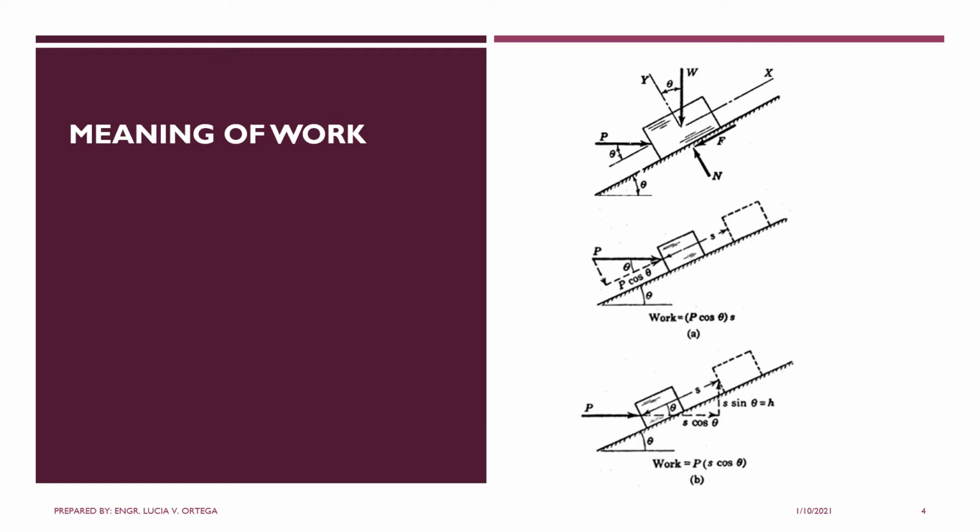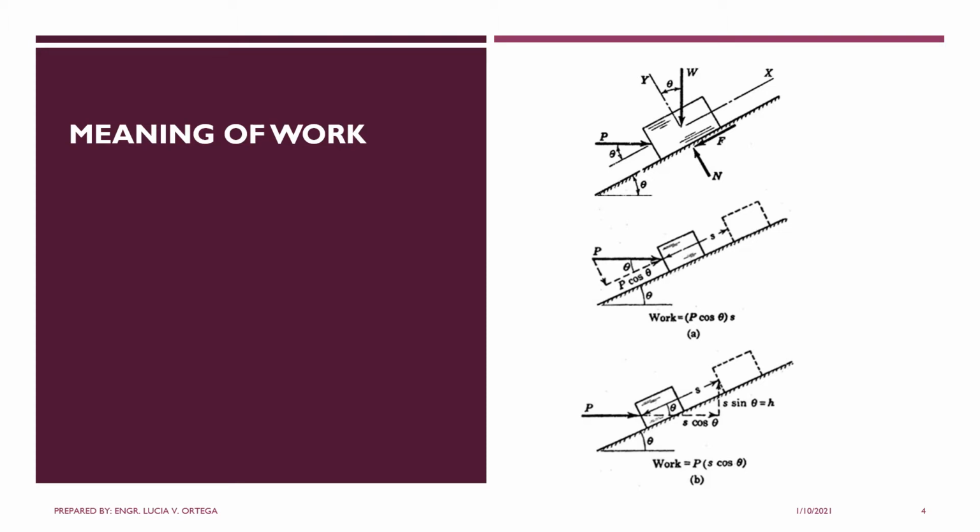Suppose there is a horizontal force P applied to the block. The angle of inclination with respect to the inclined surface is also theta. The reacting forces at the bottom of the block would be the normal force, which is equal to the normal component of the weight, and the force of friction, which is the coefficient of kinetic friction times the normal reaction.